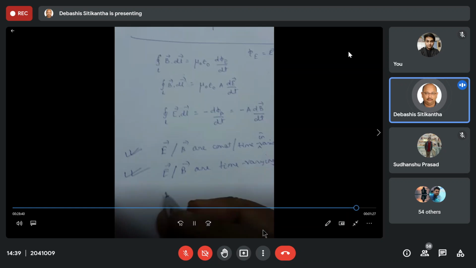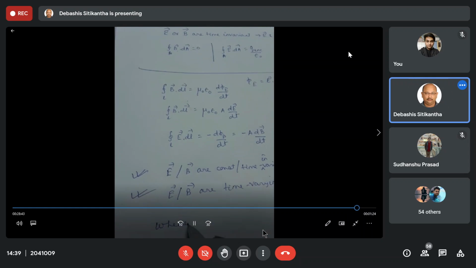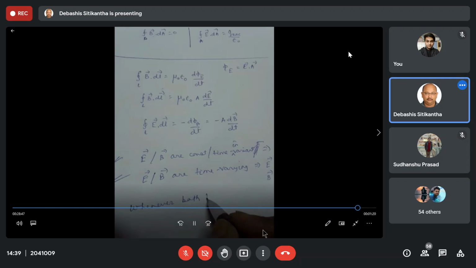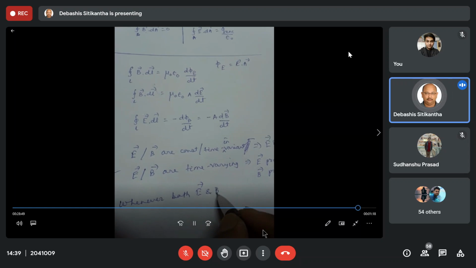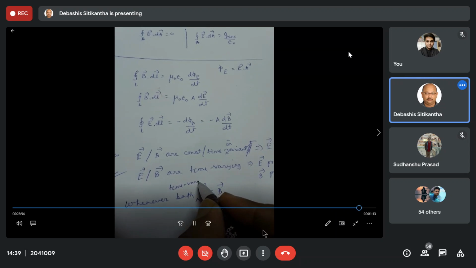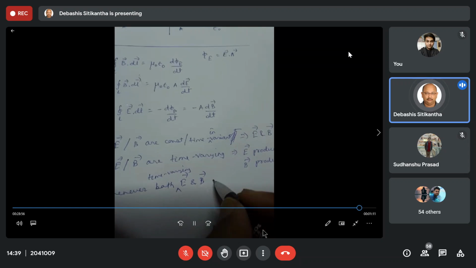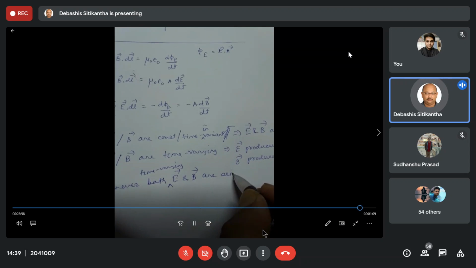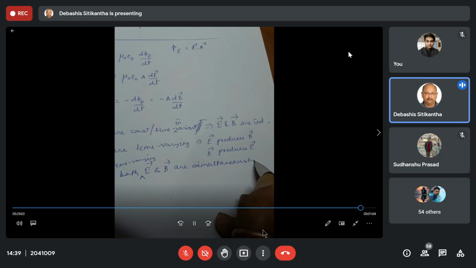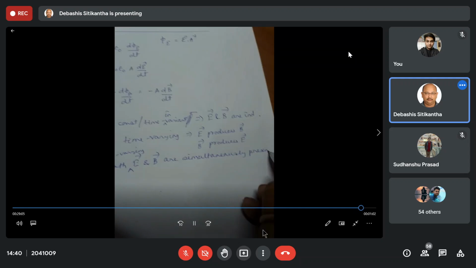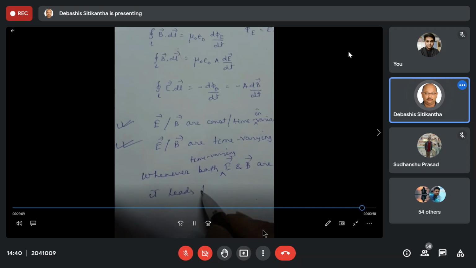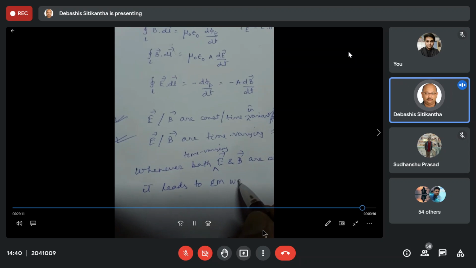Very important thing, whenever both E vector and B vector are time varying and simultaneously present, it leads to electromagnetic waves.